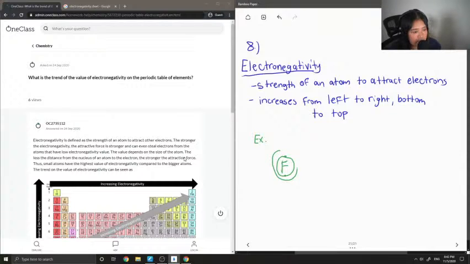This is really bad. 1, 2. And you can see, I should draw it on this side. You can see that fluorine almost has a full octet, and all that's missing is a single electron.